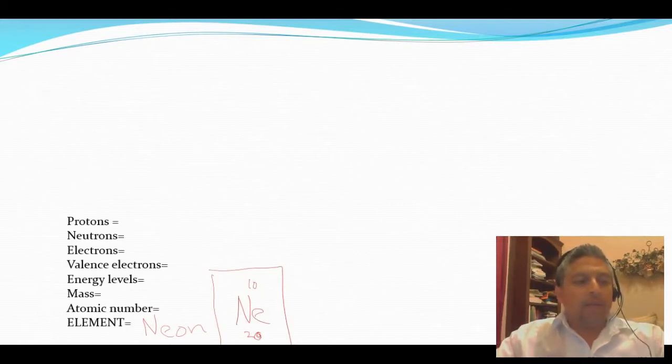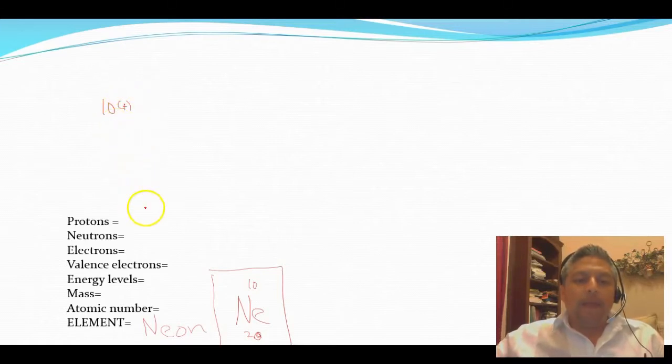What we have here is neon. I put neon there. That's the way that it's going to appear on the periodic table. And we're pretty much going to be adding the atomic structure, so that way we can combine a lot of knowledge that we have gained before. So we know we're going to have 10 protons. I'm not going to put every single particle. I'm just going to put 10 positives.